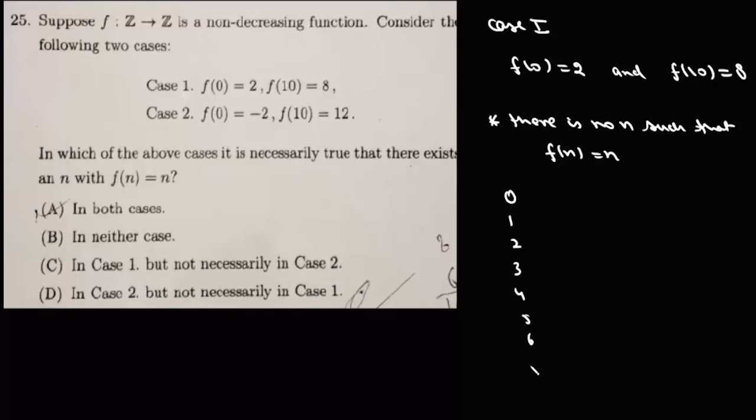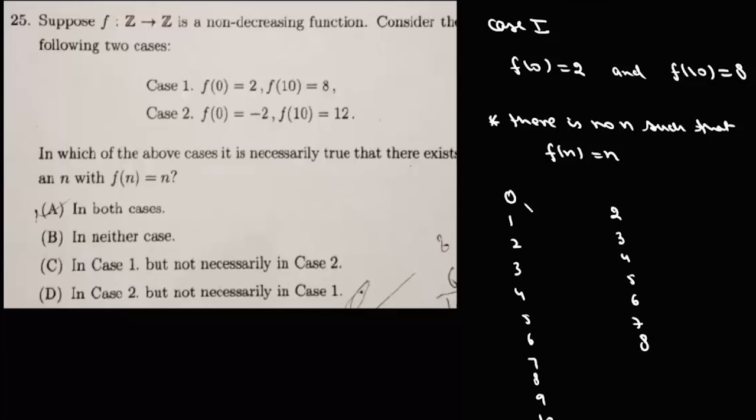So we'll say there is no n such that f of n equals n in this case 1. So we are saying that it is not necessarily true. Now if we consider numbers 0, 1, 2, 3, 4, 5, 6, 7, 8, 9 and 10, and here we have 2, 3, 4, 5, 6, 7 and 8.